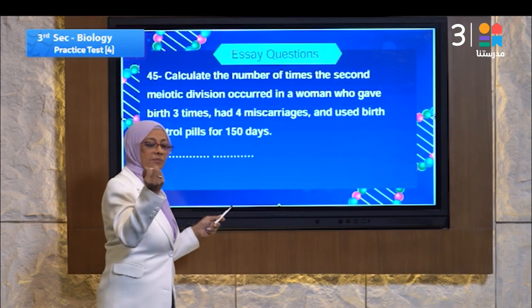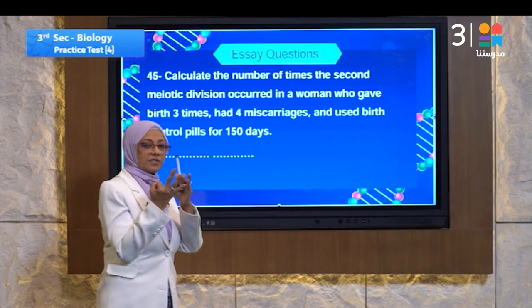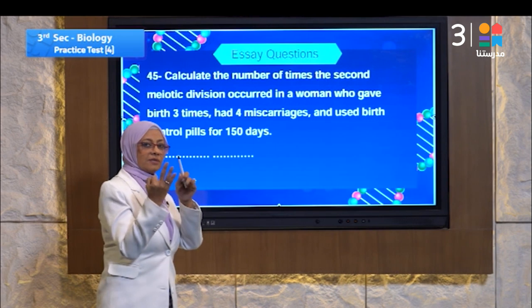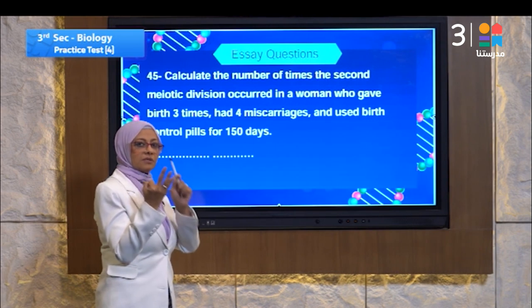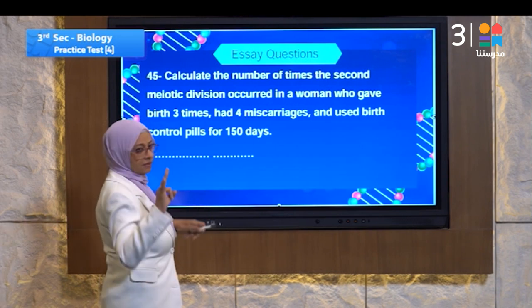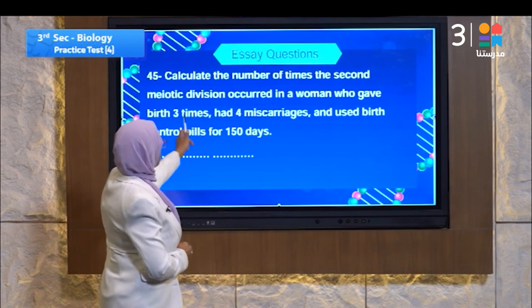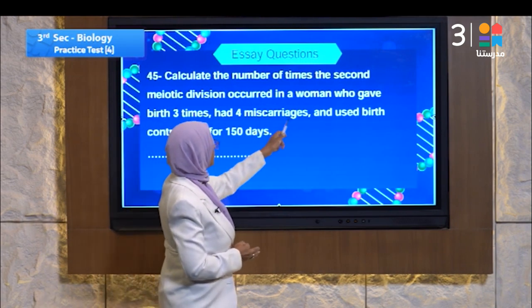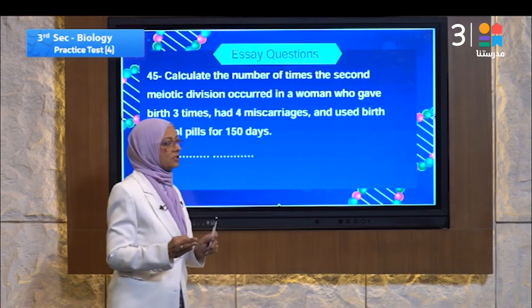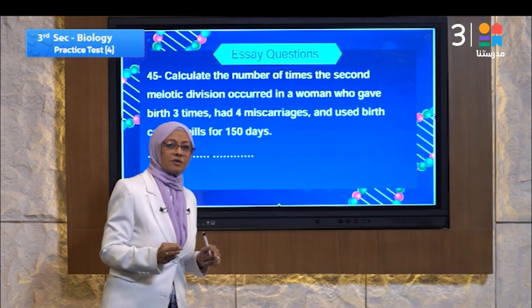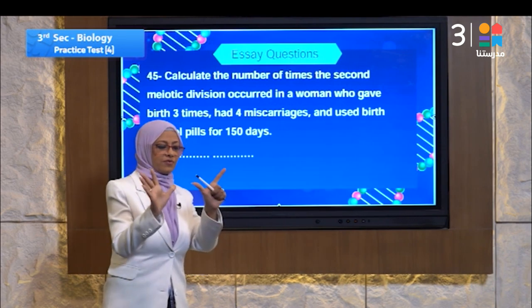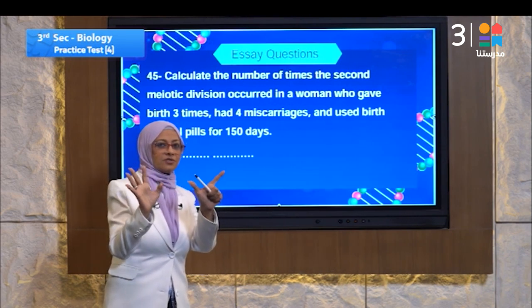Give birth 3 times, 3 times of fertilization. Calculate with me, 1, 2, 3, 3 times. Then keep it in your finger. Had 4 miscarriages. 4 miscarriages mean another 4 fertilizations. This is the answer.